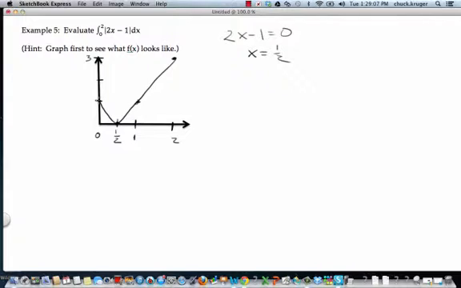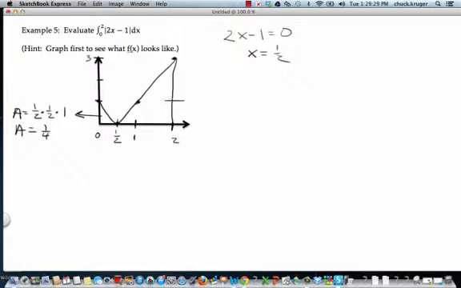Alright, so I could figure this one out pretty easily geometrically, and I'm going to do that. And if I take a look here, the area of this is a triangle, and its area is 1/2 base times height. The base is 1/2, and the height is 1, and I get an area of 1/4.